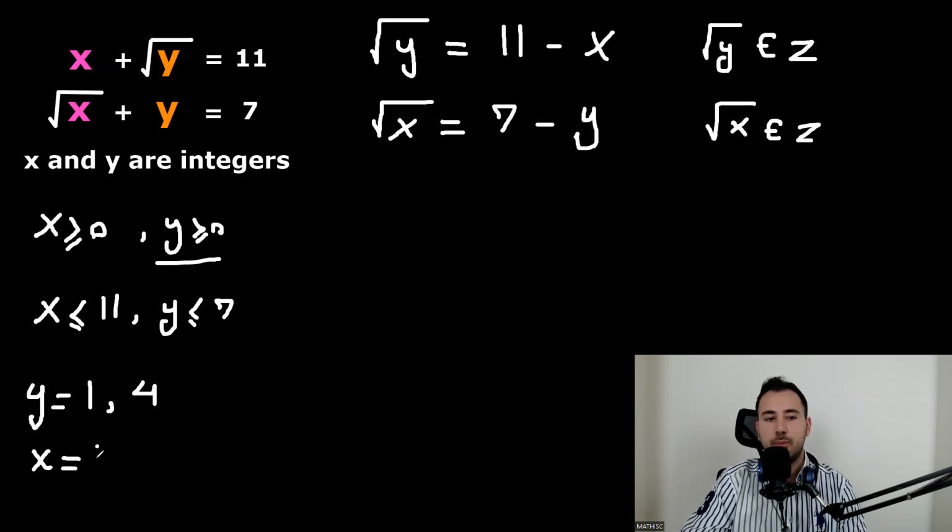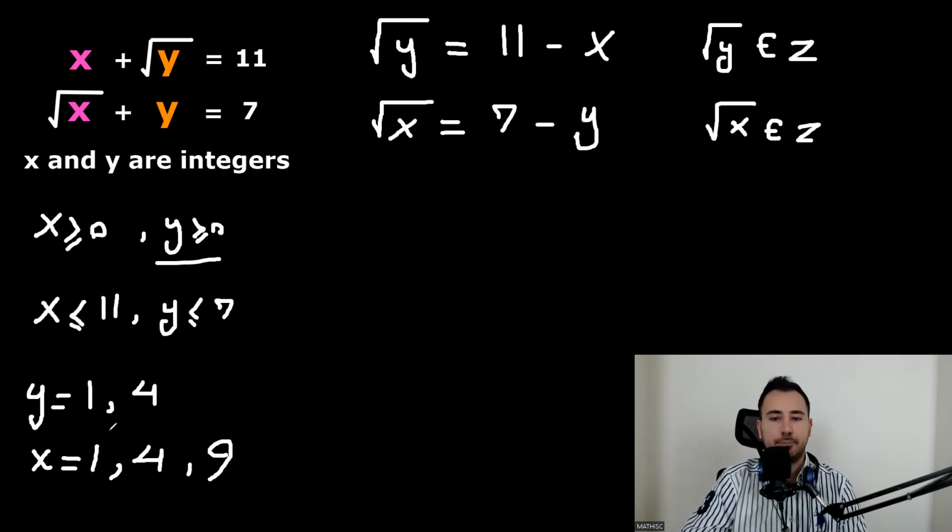So x could either be 1 because the square root of 1 is an integer, 4, because the square root of 4 is 2, which is an integer, or 9.